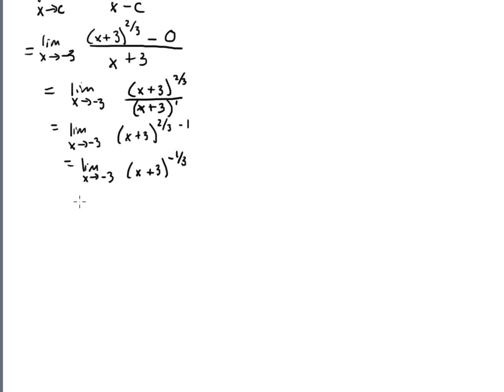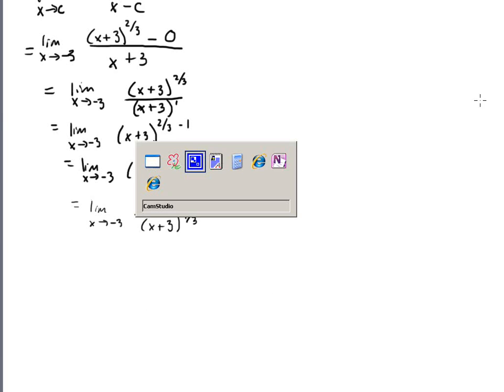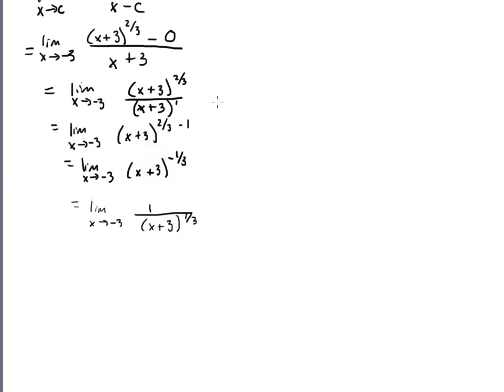So this is equal to the limit as x goes to negative 3 of 1 over x plus 3 to the 1/3. Okay, so we can see that there are no factors in common between the numerator and the denominator.